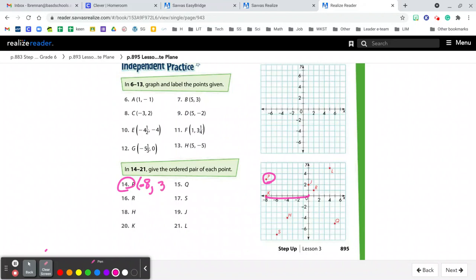So it's +3. So -8, +3. Make sure you have your parentheses on there. And let's check out number 15, which is Q. So for Q, I'm starting at 0. I'm going to go over +5. And then I'm going to go down -5. And make sure you write your parentheses. And we'll work on some of the problem solving together.